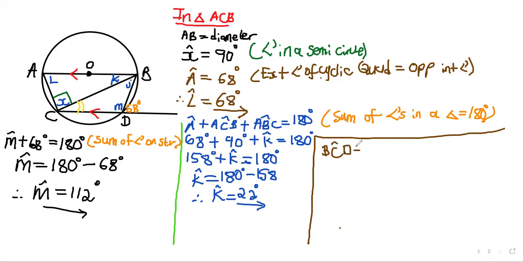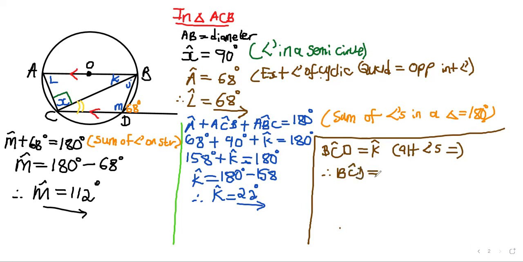Let me write it like this: angle BCD, the one that is unknown, is equal to angle K. Reason: alternate angles are equal.